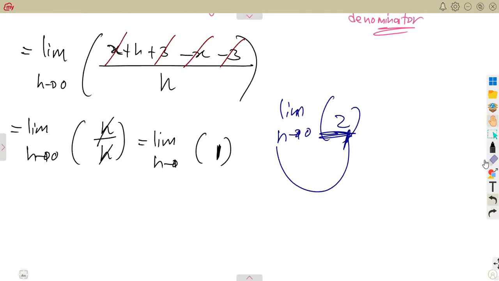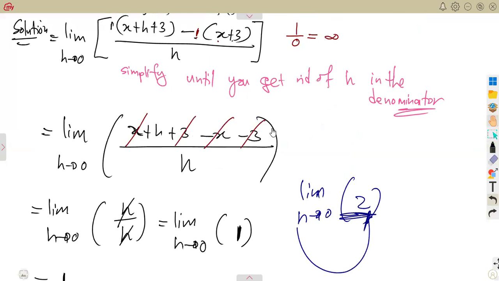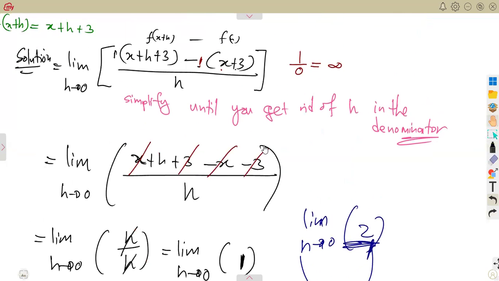Even on this part, there is a number there, not h. So the moment you substitute your h, which is a 0, there is nothing that you're substituting there. So it's just going to remain as a 1 like that. So in actual sense, this is our simplification from what we had that was going to give us a 1 at the end. So like I said, our limits are supposed to be applied.